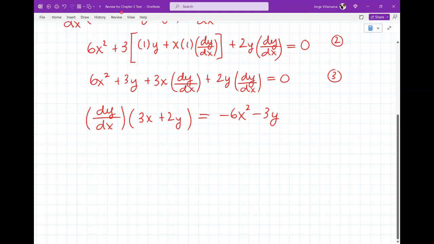All right, now to get dy dx, I'm just going to divide everything by 3x plus 2y. So dy dx is negative 6x squared minus 3y over 3x plus 2y. And that's going to be your solution.